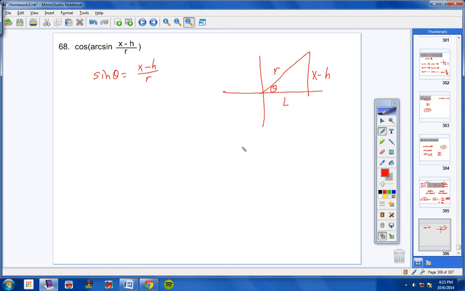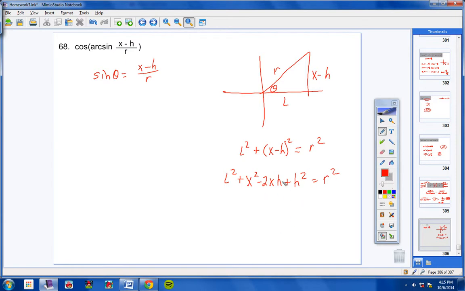Leg squared plus leg squared equals hypotenuse squared. Well, I'm not going to do a lot of work for you because you're pre-cal students, but x minus h times x minus h would give me x squared minus 2xh plus h squared equals r squared, okay?